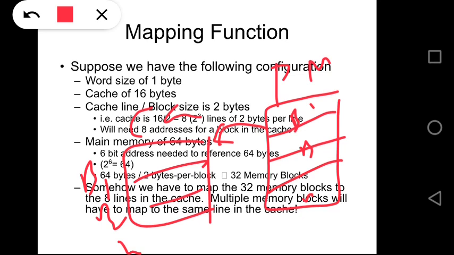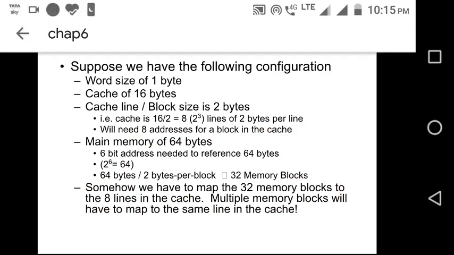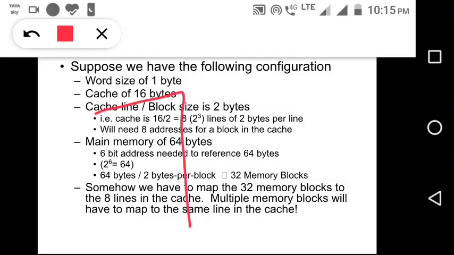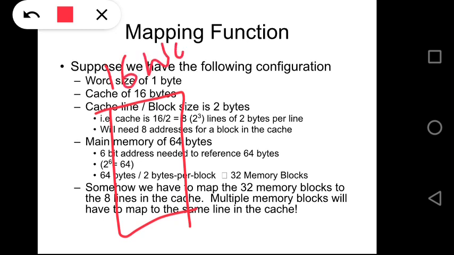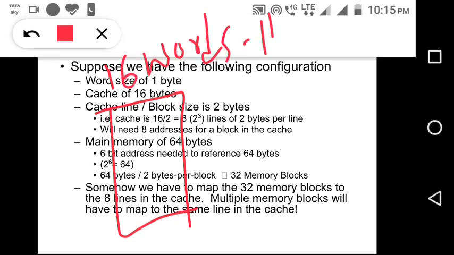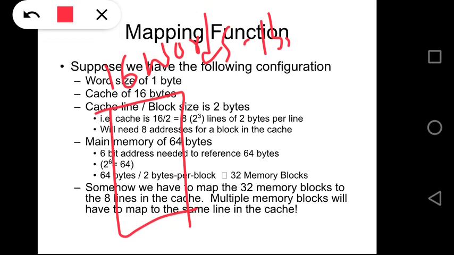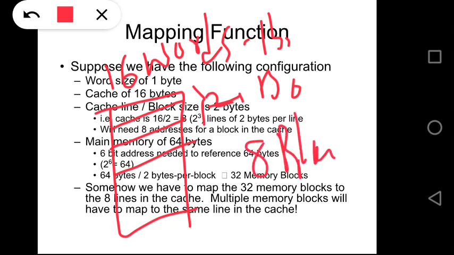Cache is of 16 bytes, which means the cache can accommodate 16 words of 1 byte. Cache line or block size is 2 bytes, so 2 bytes is 1 block. So the cache can accommodate 8 blocks.